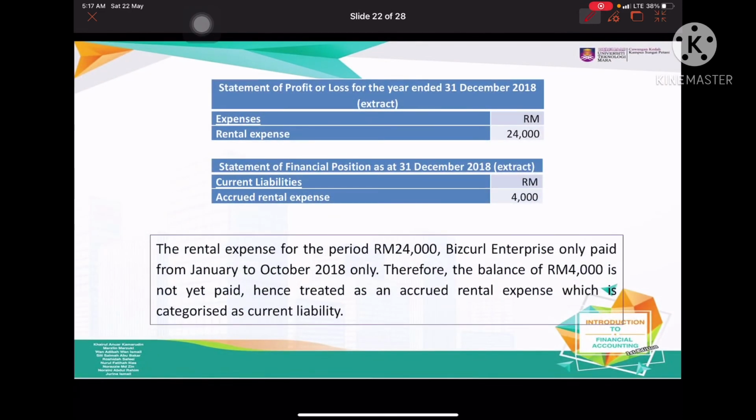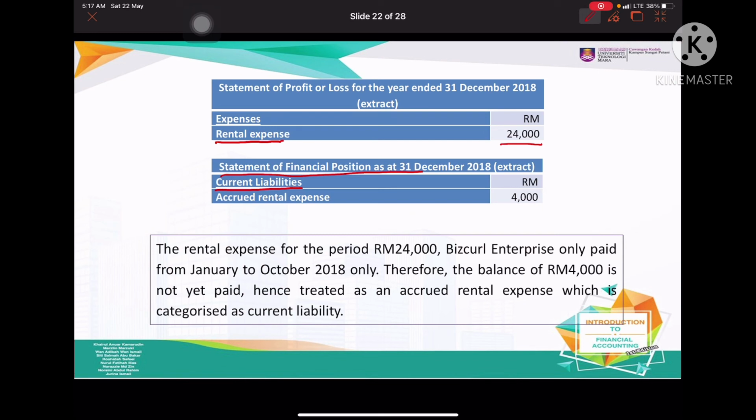Now we are going to see the effect on the profit or loss for the year ended 2018. Our rental expense, we have to write as it is incurred, which is 24,000. And in the statement of financial position, it falls under current liability.